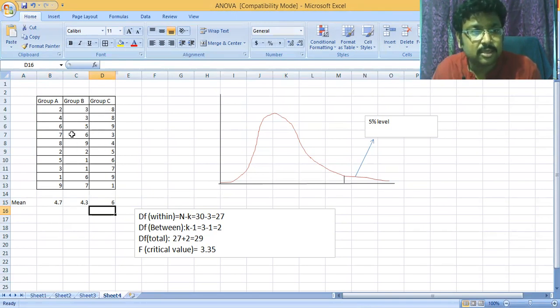Next, we have to find out the grand mean. How can it be calculated?